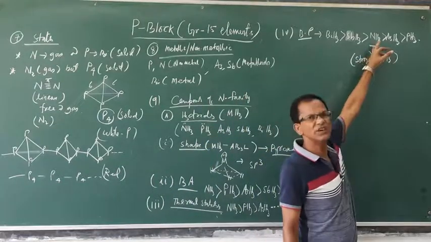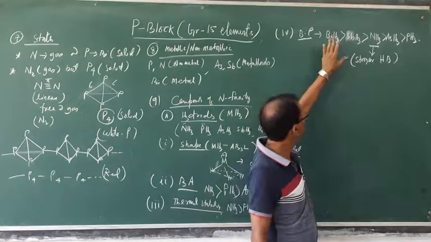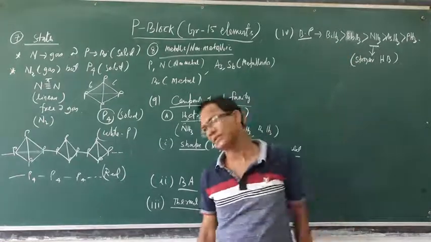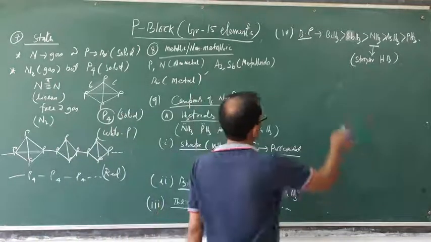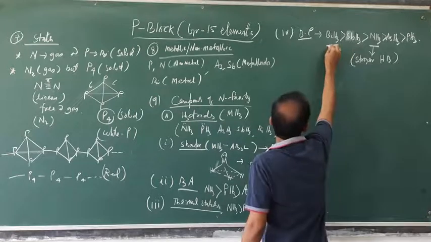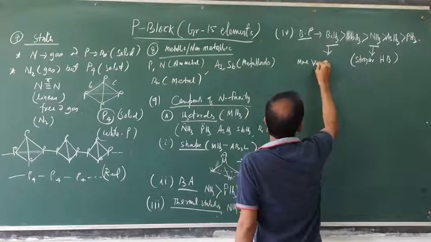That's why the boiling point is greater. But why is bismuth not? Although it has weaker hydrogen bond, the large size results in greater van der Waals force. So bismuth, due to large size, has more van der Waals force. Your answer is more van der Waals force.